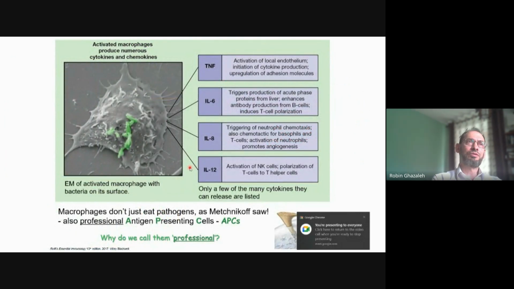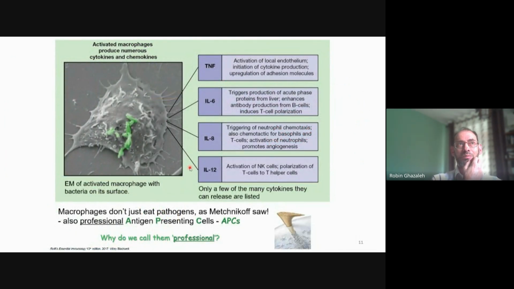So we have 3 sentinel cells that are at the interface between our body and the outside world. The second is the macrophage. Macrophages produce a huge number of cytokines. I mentioned cytokines in the previous slide, and these cytokines are needed for stimulating dendritic cells.